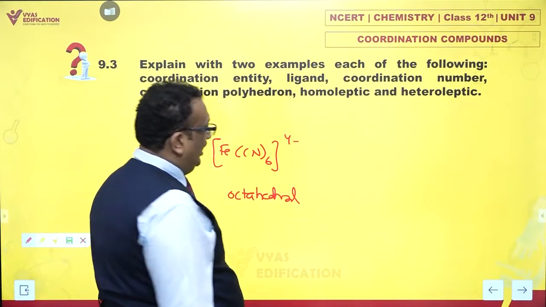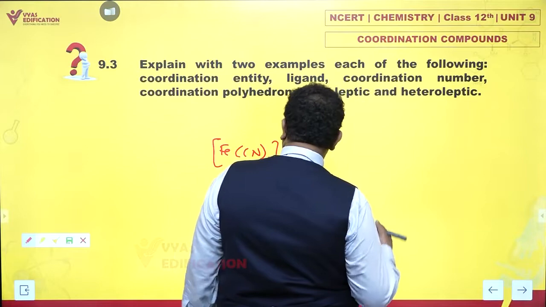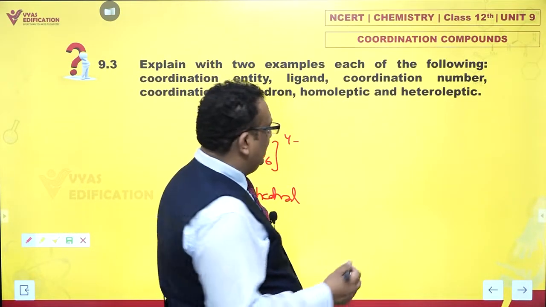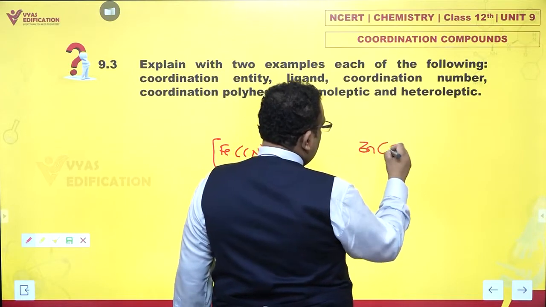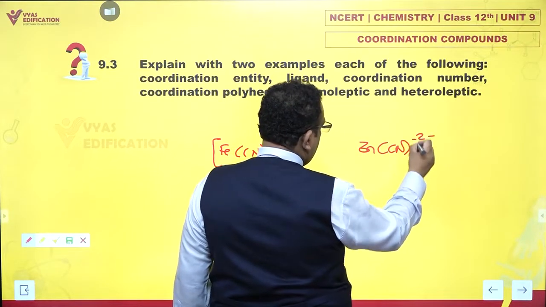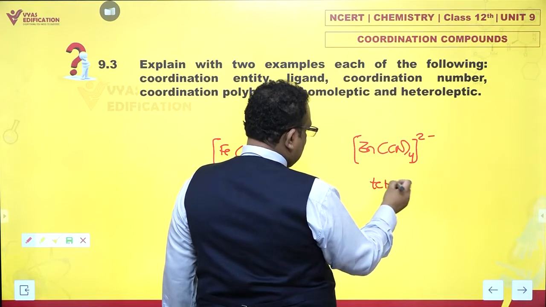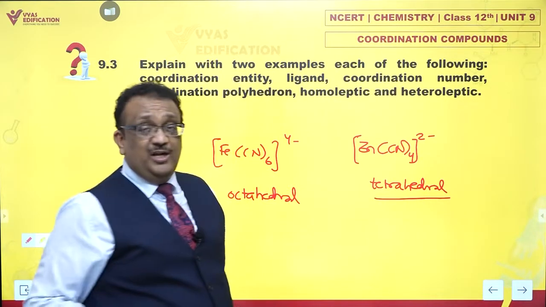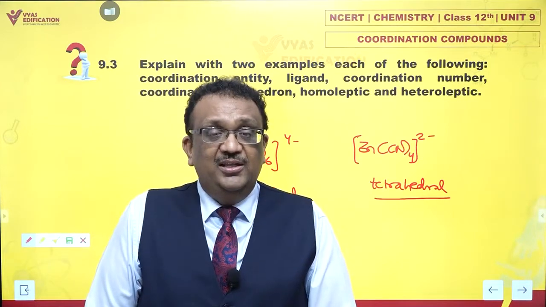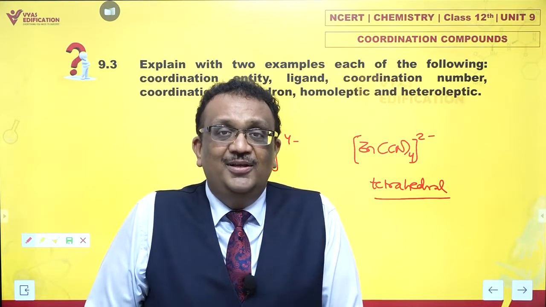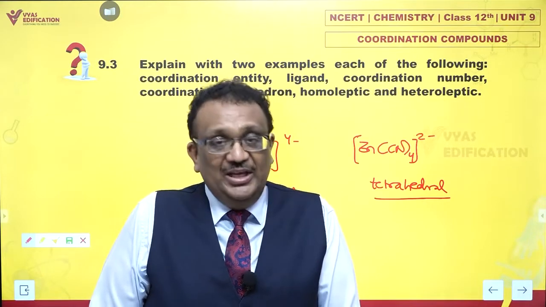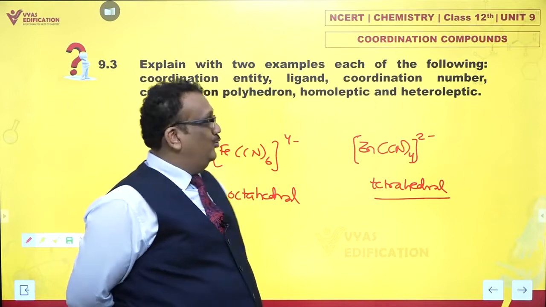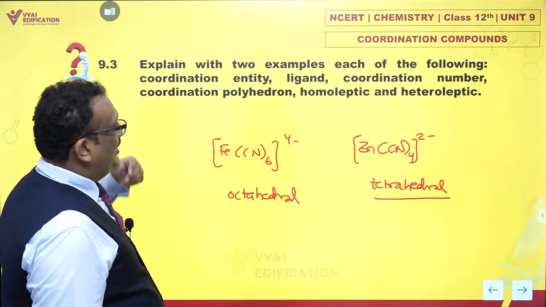On the other hand, take something simpler, like Zn(CN)4 2-. This is tetrahedral. Why? Because if the cyanide ions are connected to each other, you would find that they are at the corners of a regular tetrahedron, with the zinc ion at the centroid. So these are coordination polyhedra.